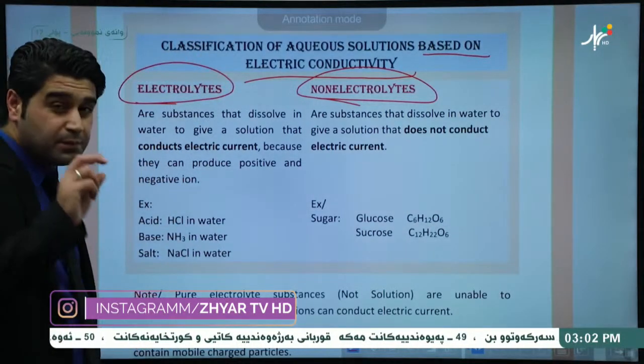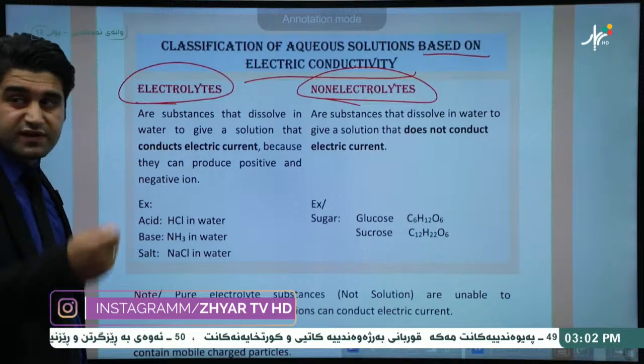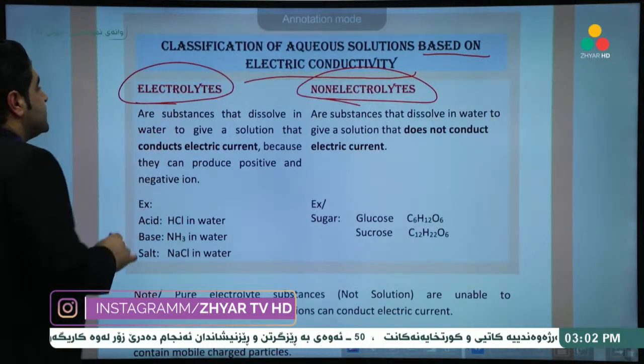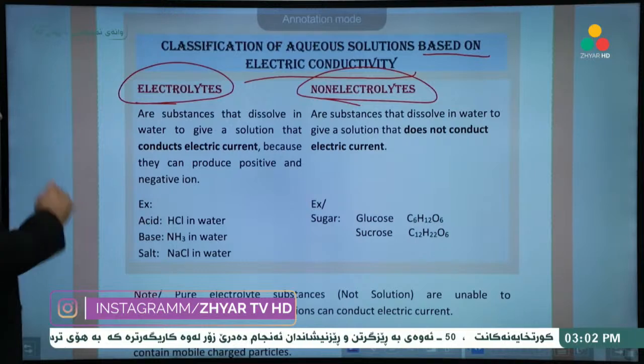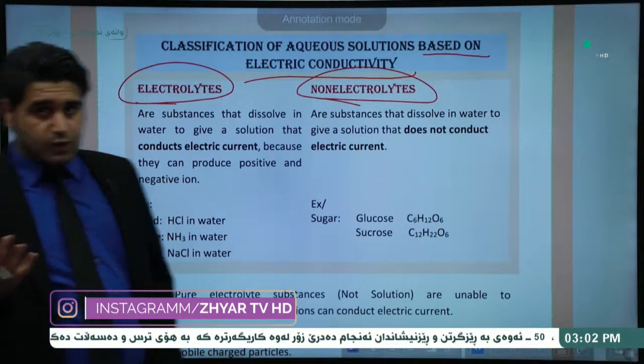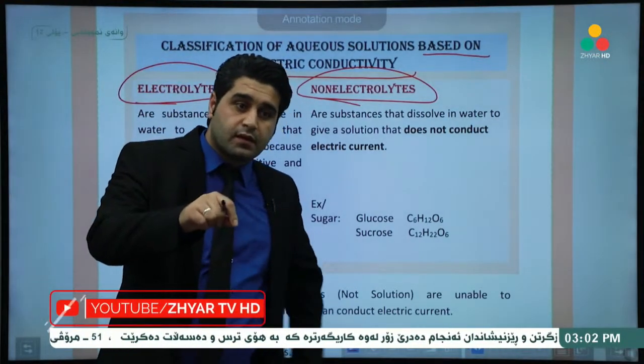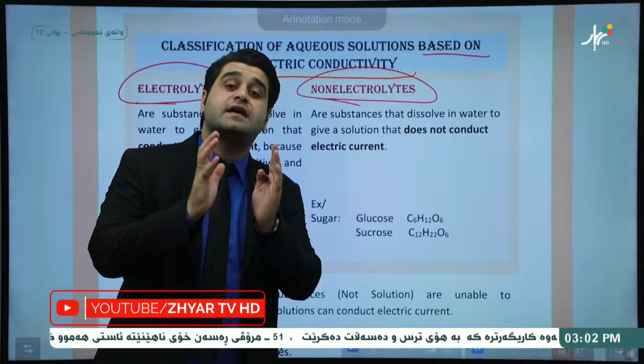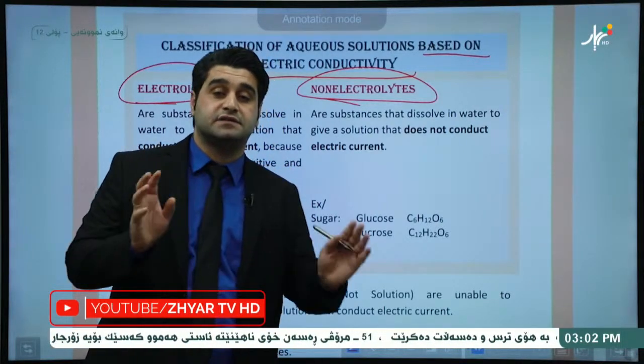What is the key of understanding here? Look, an electrolyte is a substance. We have some solid substances, and when we dissolve them in water, the aqueous solution can conduct electricity.